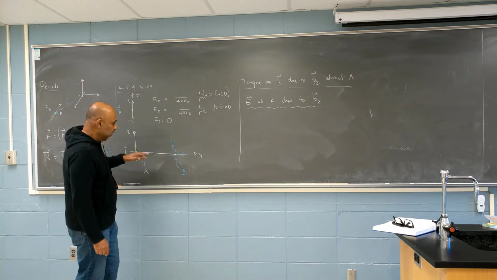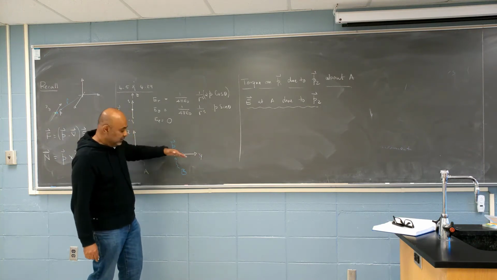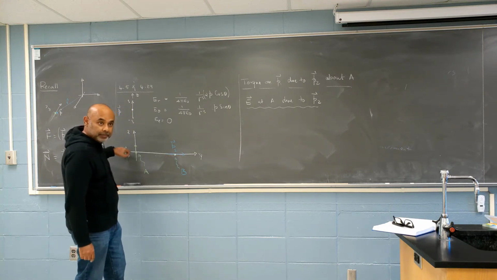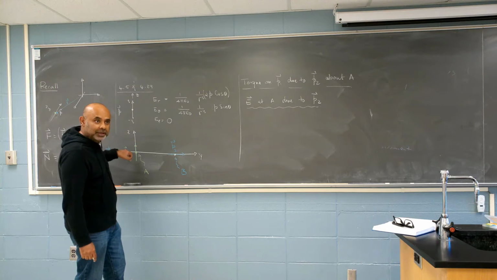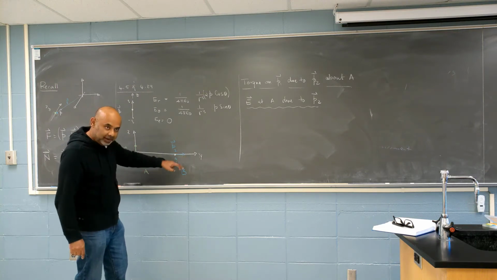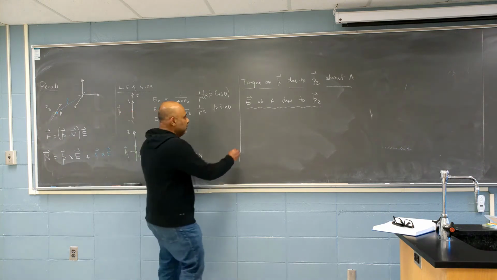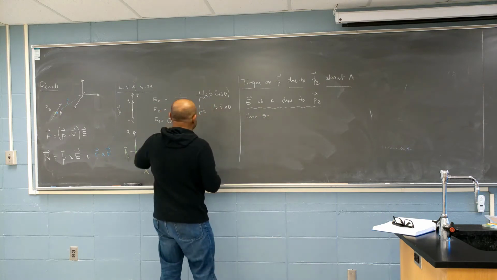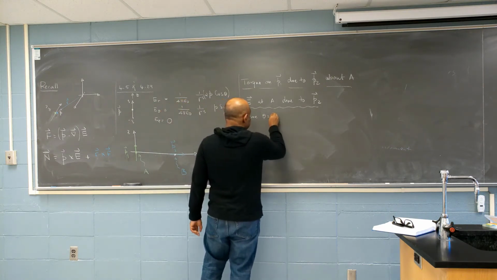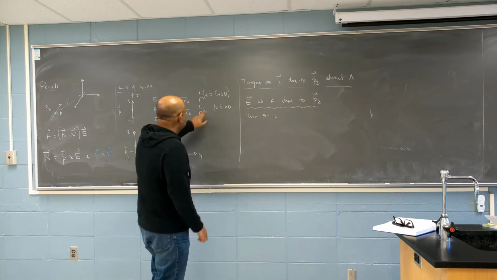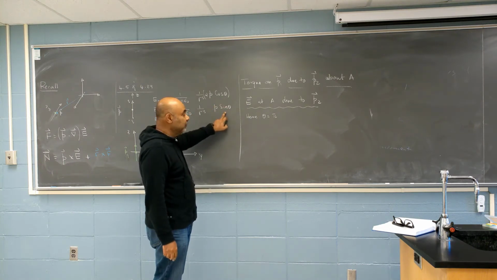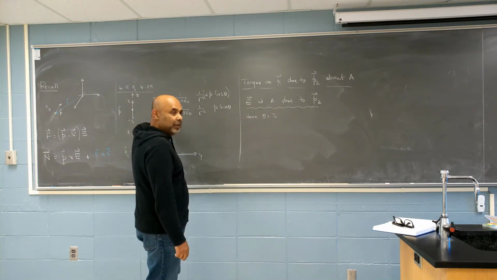It translates to this if the angle can be chosen so that theta is pi over 2. Correct? Because if this is a z-axis, then this point would be pi over, sorry, not pi over 2, pi. Which one is it? Pi, the entire pi. Okay? So here, theta in this set of equations equals pi, and cosine of pi is -1, sine of pi is 0, so the electric field is in the radial direction.